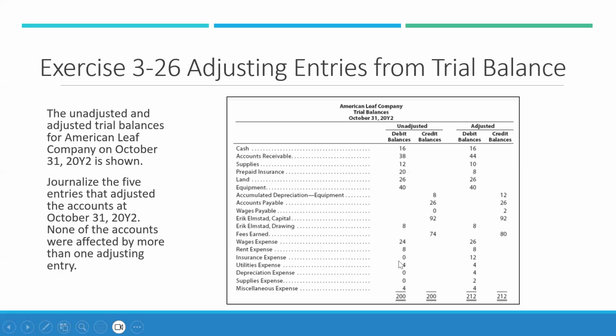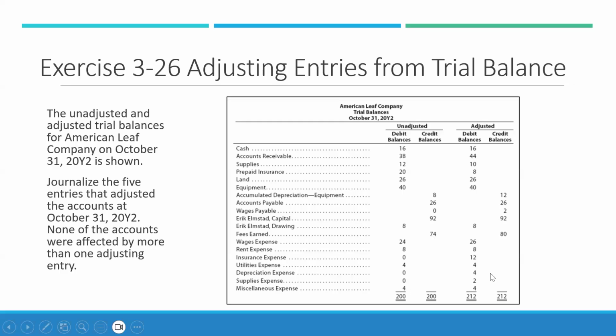Next, wages payable. It was at 0, now it's at 2. And we can see wages expense. It was at 24 and it went to 26. Didn't we accrue wages payable for the end of the year? Depreciation expense.